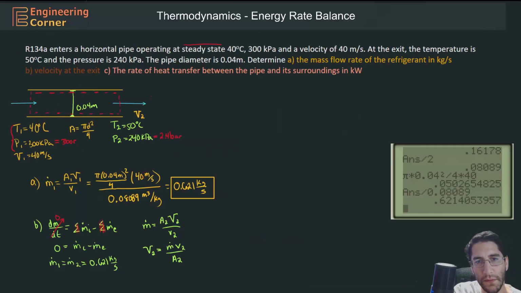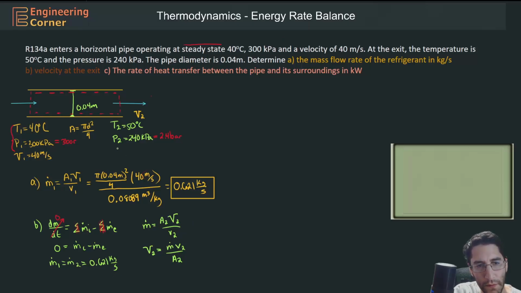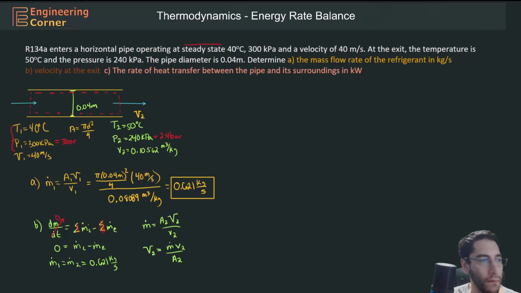So V2 is 0.10562 meters cubed per kilogram.